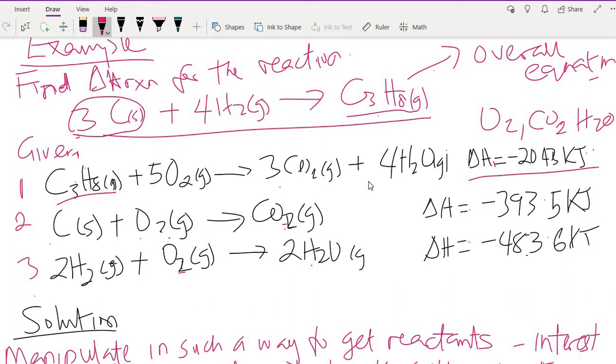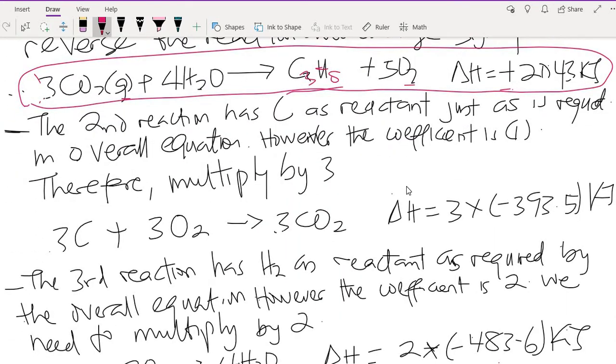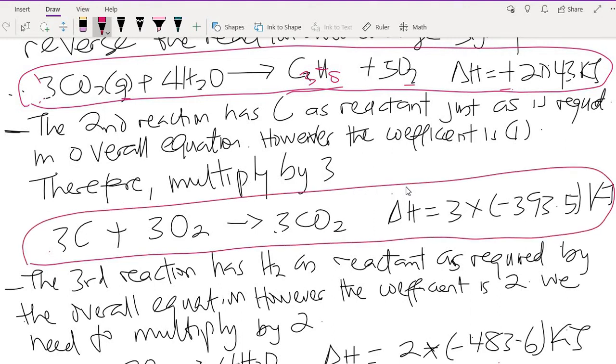And whenever we do so, we have to do that to delta H. So our second equation becomes 3 of carbon, 3 of oxygen, and 3 of CO2. Then we multiply our delta H by 3. So this becomes the new equation.